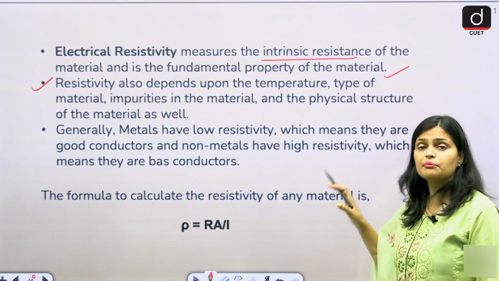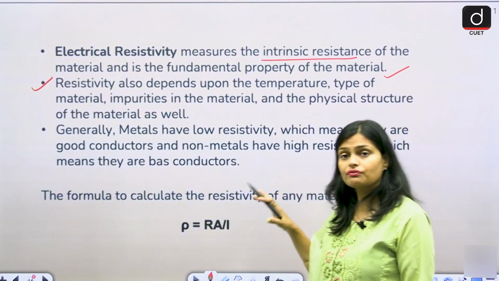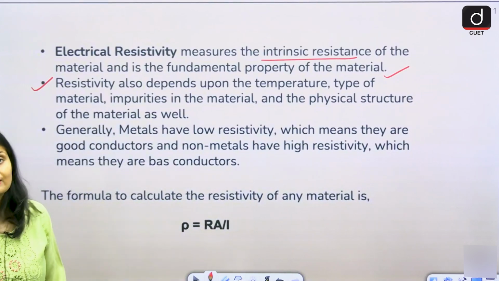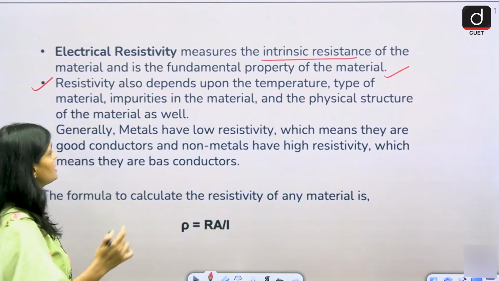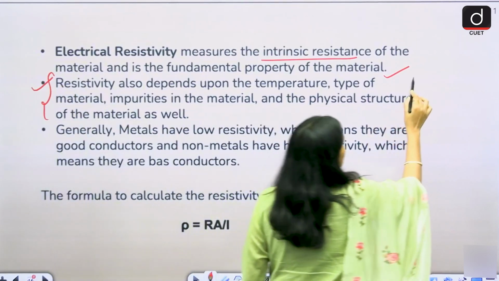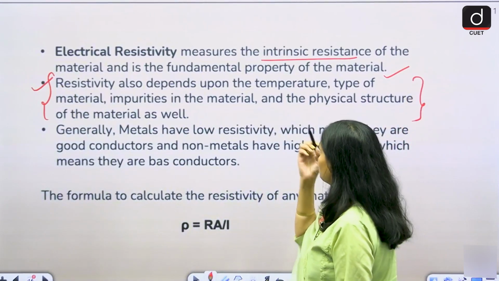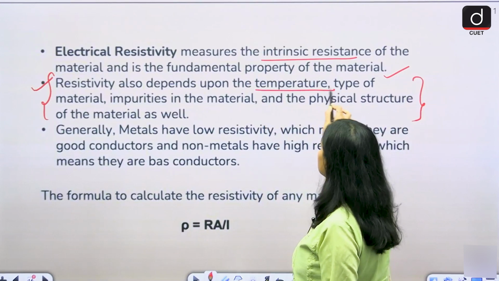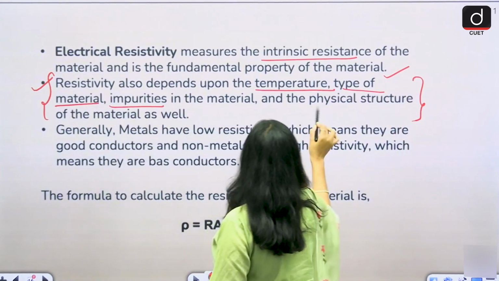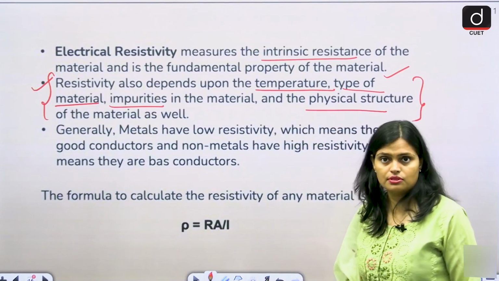So please remember these are the facts on which the resistivity of a material depends. So this question can be asked in an MCQ: on what factors the resistivity of a material depends. So it depends upon temperature, type of material, impurities and the physical structure.